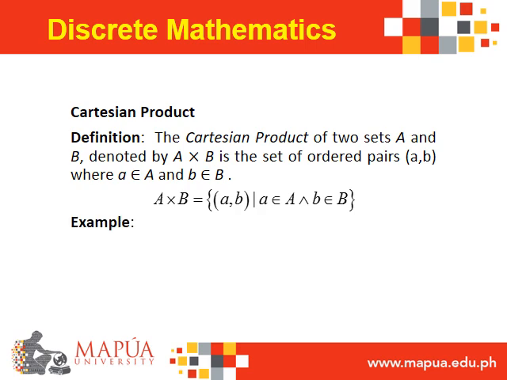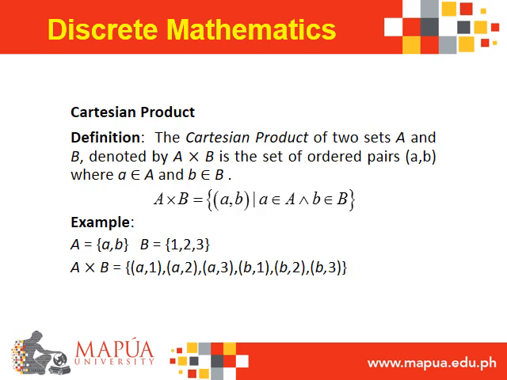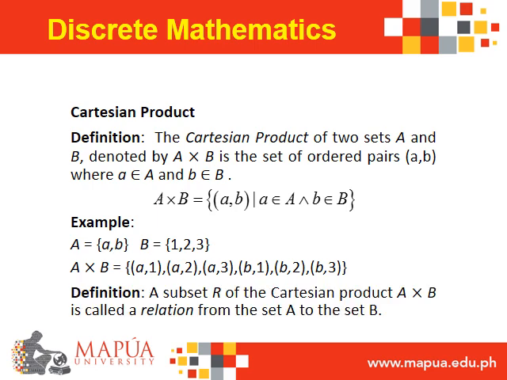Let's take this discrete example. Let's say we're given set A to contain a, b, and set B containing values 1, 2, and 3. Therefore, if we multiply A times B, we'd end up with the following product pairs: (a, 1), (a, 2), (a, 3), (b, 1), (b, 2), and (b, 3).